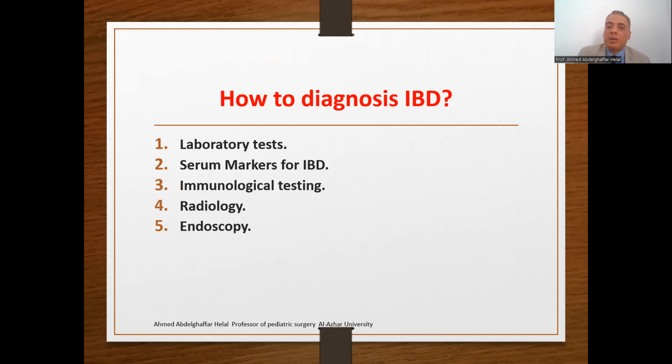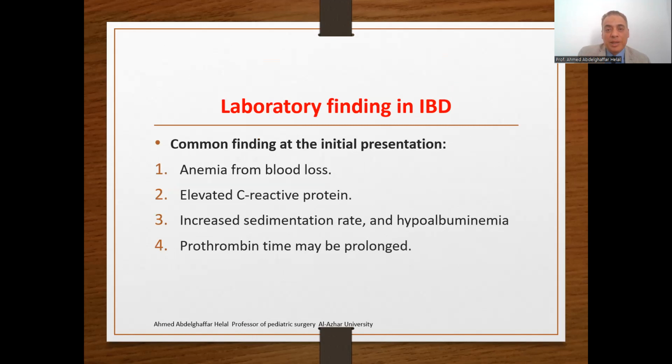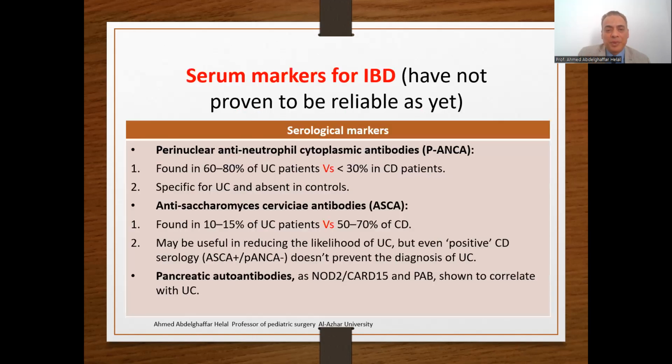We can depend on some laboratory tests, some serum markers, although not definitively approved, some immunological testing, radiology, endoscopy, and scores. Laboratory findings are usually not specific and may show anemia, elevated C-reactive protein, increased sedimentation rate, and also prolonged prothrombin time.